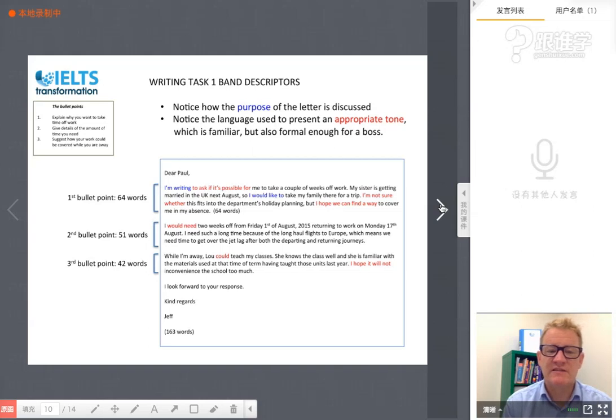I'm writing to ask if it's possible for me. I'm not telling him, I'm asking him. I'm not sure whether this fits into the department's holiday planning. Again, I'm being quite soft and indirect. I hope we can find a way to cover me in my absence. So very polite. I would need 2 weeks off from Friday the 1st of August.